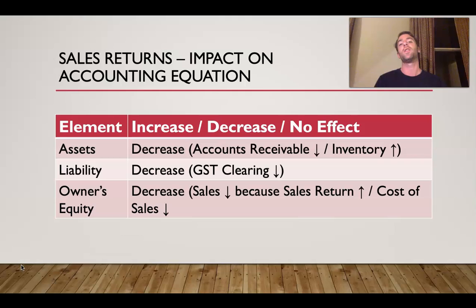Our liabilities are going to decrease because our GST goes down because we don't have to pay what's been returned. And ultimately our business is worth less, so our owner's equity decreases because our sales go down because sales return goes up. That will make sense in the next slide, and our cost of sales goes down.